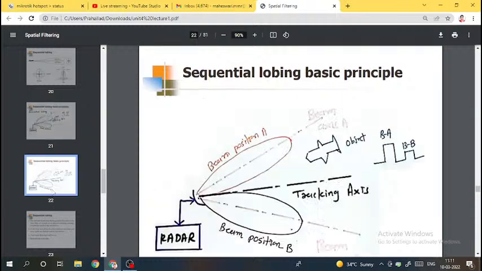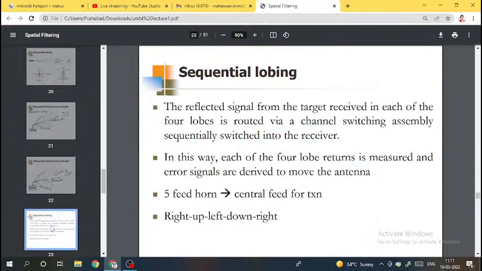Suppose the target is very near to position A, so definitely the amplitude received by the beam at position A will be greater than B. So whatever I have told earlier, the same thing is this. Suppose you have to use a separate feed for the transmission, you can use a 5 feed horn antenna as well. So the switching process is right, up, left, down, right, up, left, down, and again right.